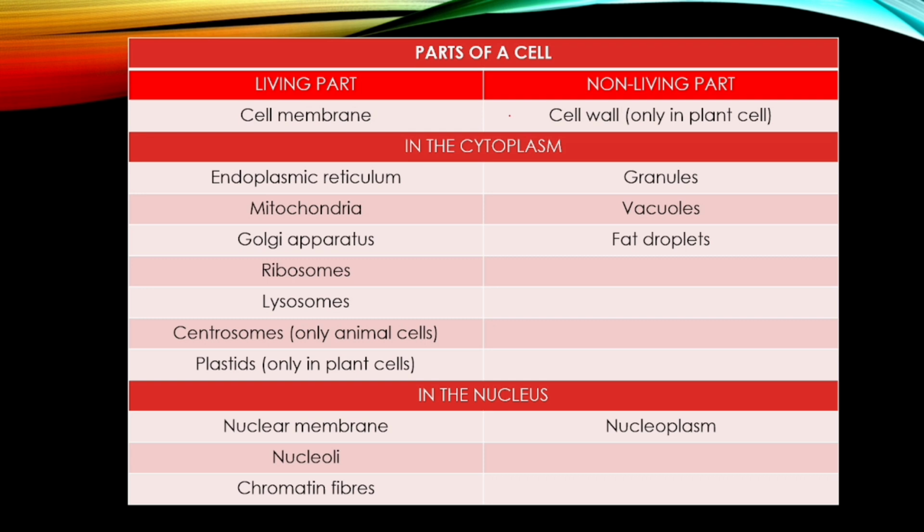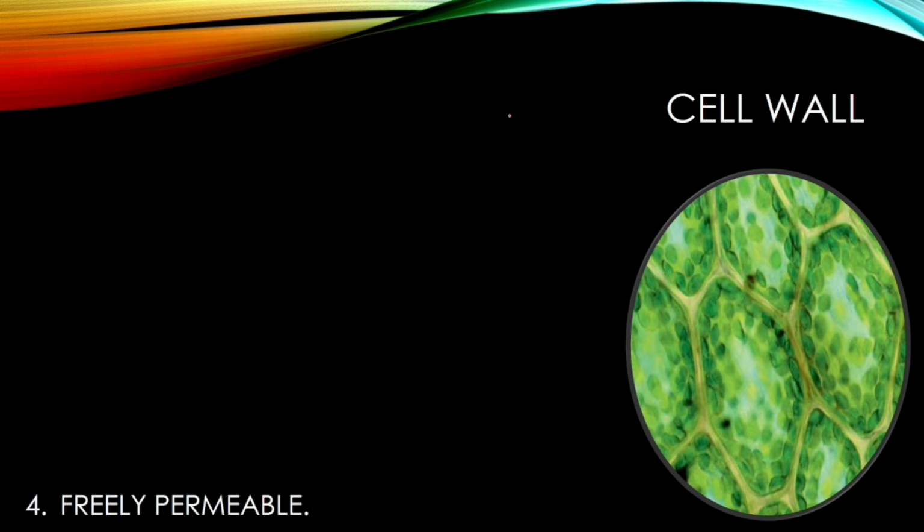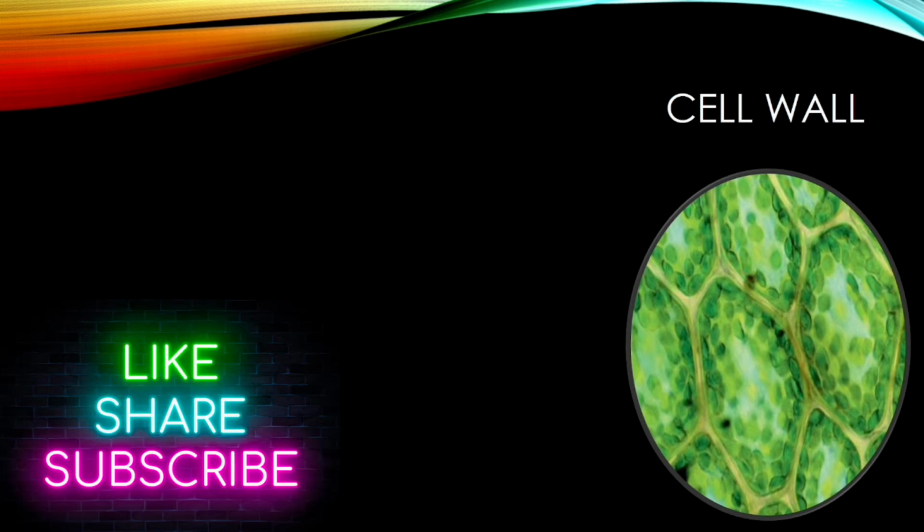Then in the cytoplasm, what are the organelles present? ER, mitochondria, Golgi apparatus, lysosomes, centrosomes, plastids. We will discuss all this in detail. The non-living components are granules, vacuoles, fat droplets. In the nucleus, you have the nuclear membrane, nucleolus and chromatin fibers as living, and nucleoplasm, basically the fluid content, is non-living.